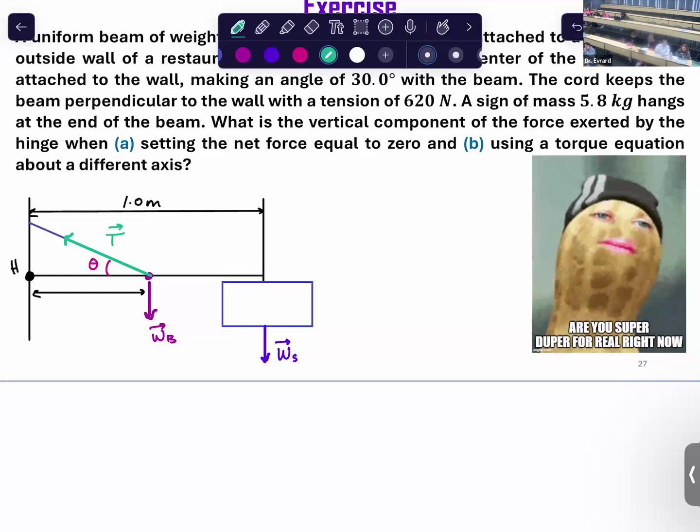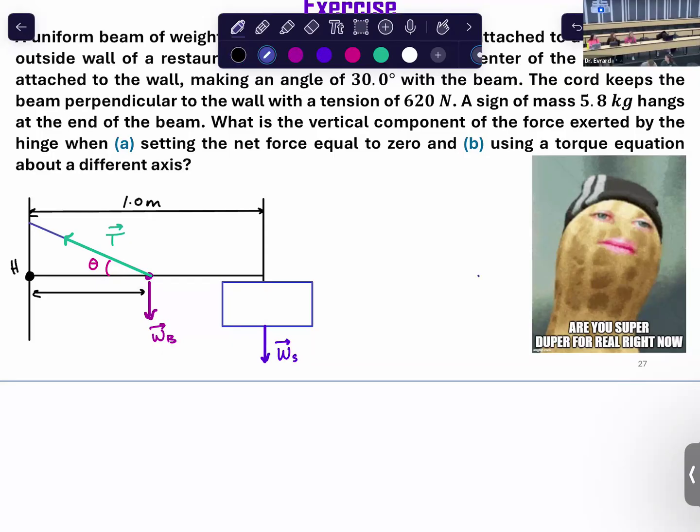Strong hands. Don't forget to incorporate the tension cable. Okay, so let's also remember, go ahead and draw a triangle using the cable.